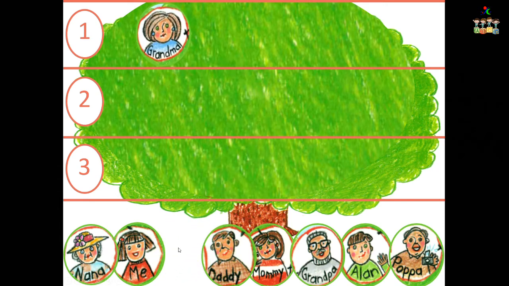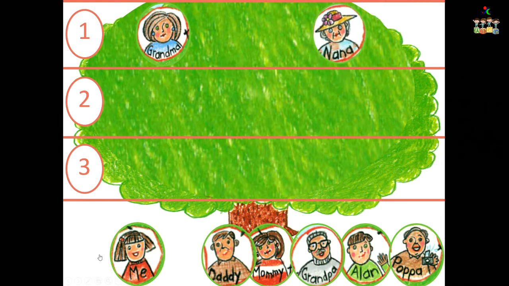Grandma or grandmother, and Nana. So both our grandma and our Nana, our grandmothers, they are in line number 1, right at the top of the family tree. Usually the oldest family members will be at the top of the family tree, and the youngest family members will be at the bottom.